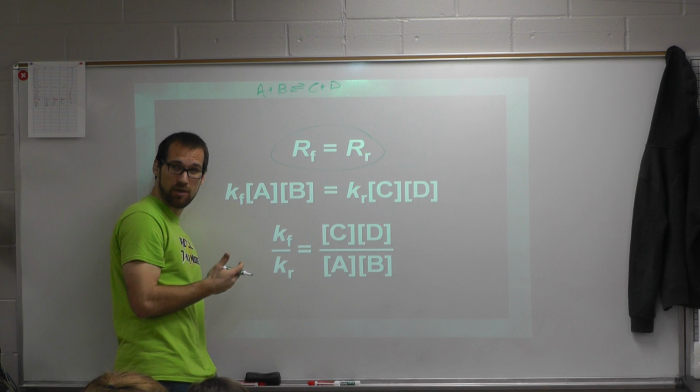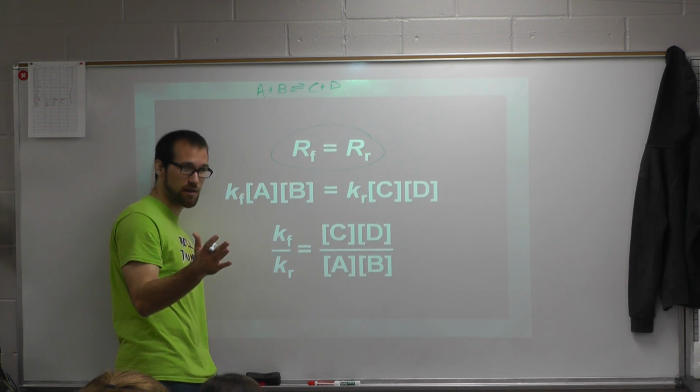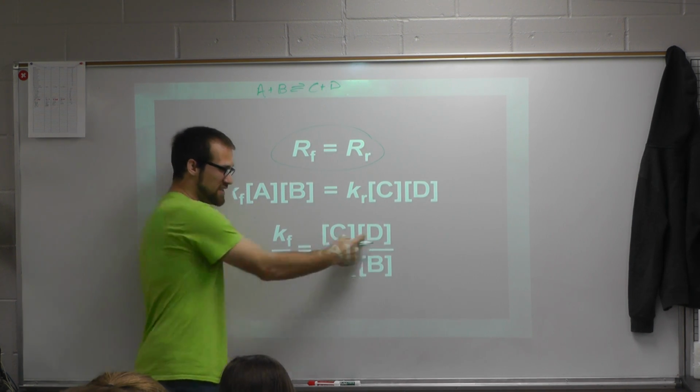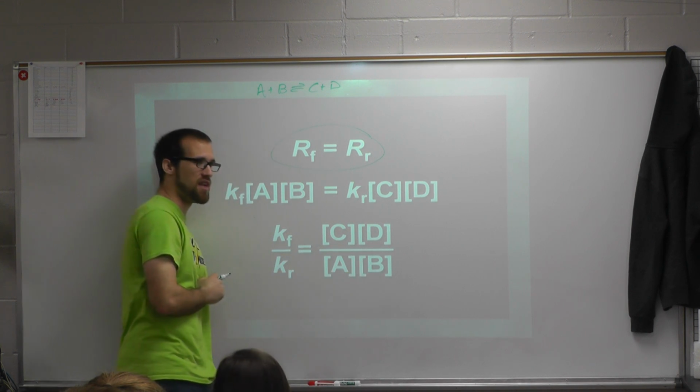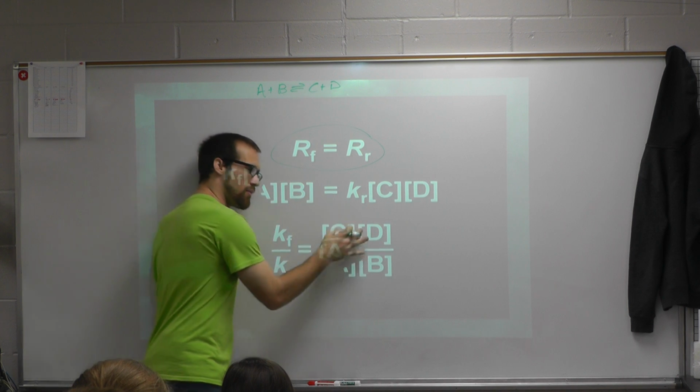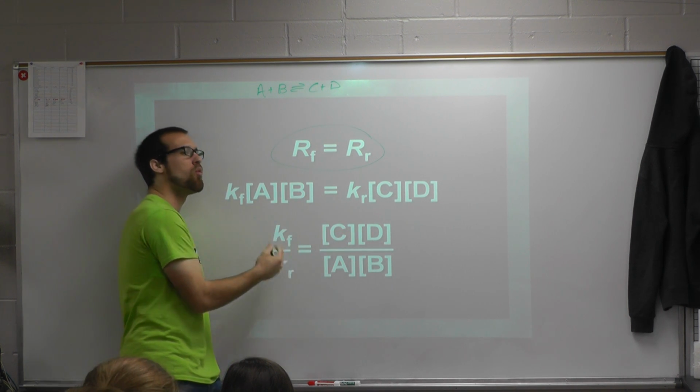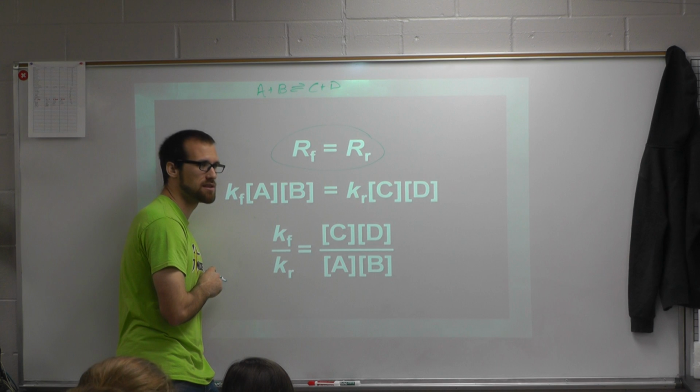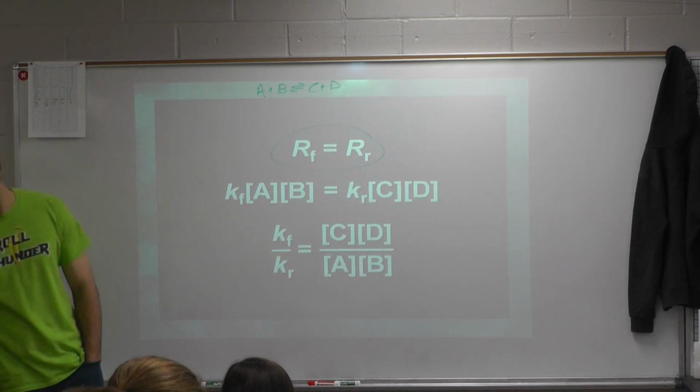We said at equilibrium, you don't see any change. So for any chemical reaction at equilibrium, the products divided by your reactants gives you one constant, and one constant only. That's important.